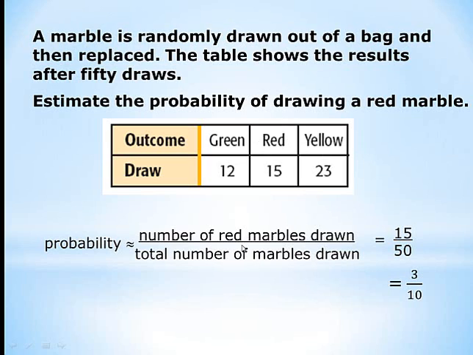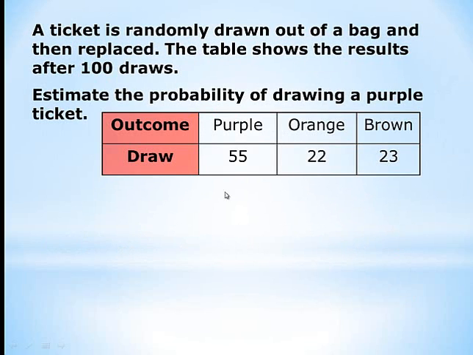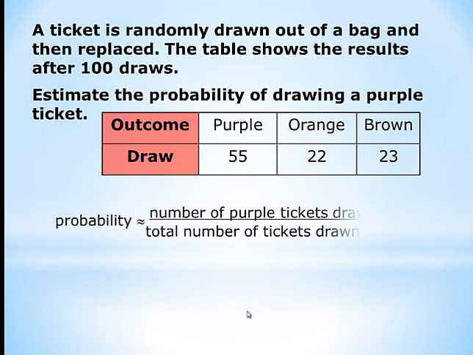Okay, let's try another one. We've got 100 draws. Here are the outcomes. Estimate the probability of drawing a purple ticket on the next draw. Go ahead and hit pause and try that. Okay, so you should have gotten 55 out of 100. You've got to reduce it. 11 out of 20.